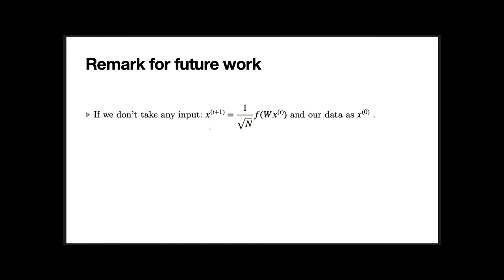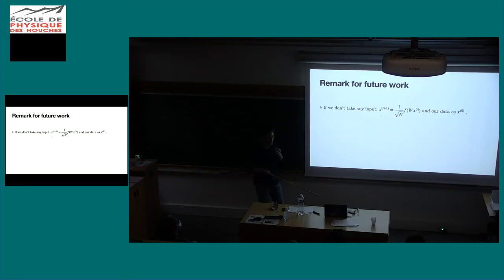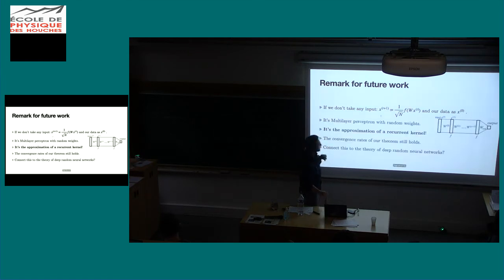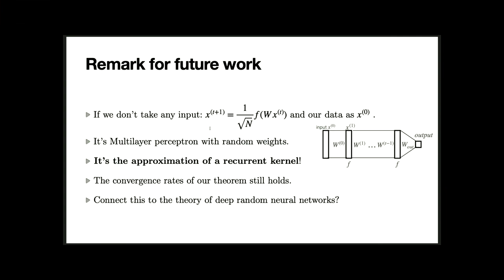And during this work, we noticed something quite interesting actually. If you don't feed any input in your time series, you say no input, but you consider the initialization of your reservoir as data, then you see that it's just a recurrent random feature but with no input. And what is very interesting is that we noticed that it's just a multi-layer perceptron with random weights.